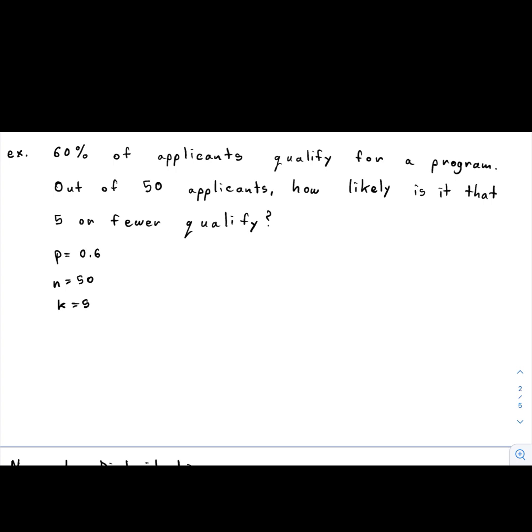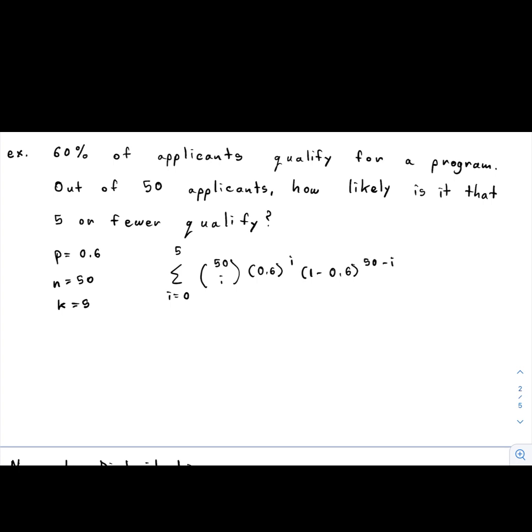So we can determine this by calculating the following sum: i equals 0 to 5 of 50 choose i times 0.6 to the power of i, times 1 minus 0.6 to the power of 50 minus i.